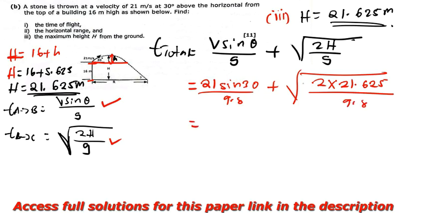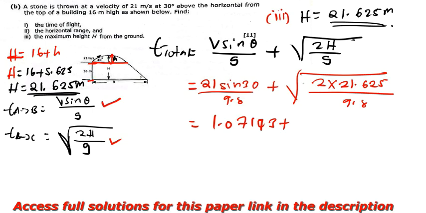So what is it? 21 sine 30, then I divide it by 9.8. That is 1.07143. I'm going to write it all the way to 4 decimal places like that. Then again, inside the square root, we have 2 times 21.625. The answer I find is 43.25 divided by 9.8, then I'm finding 4.41. Then I square root this.